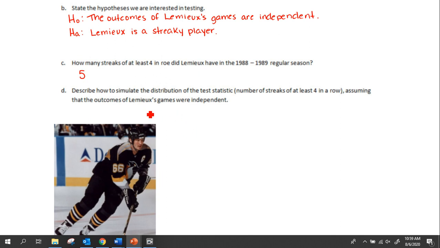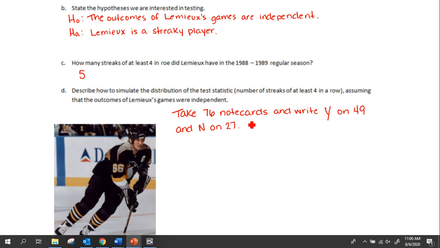How would we simulate the distribution of the test statistic? He had 49 games where he scored a goal and 27 where he didn't, which would be 76 total games. So you would take 76 note cards, and write, we'll just say Y on 49 and N on 27.